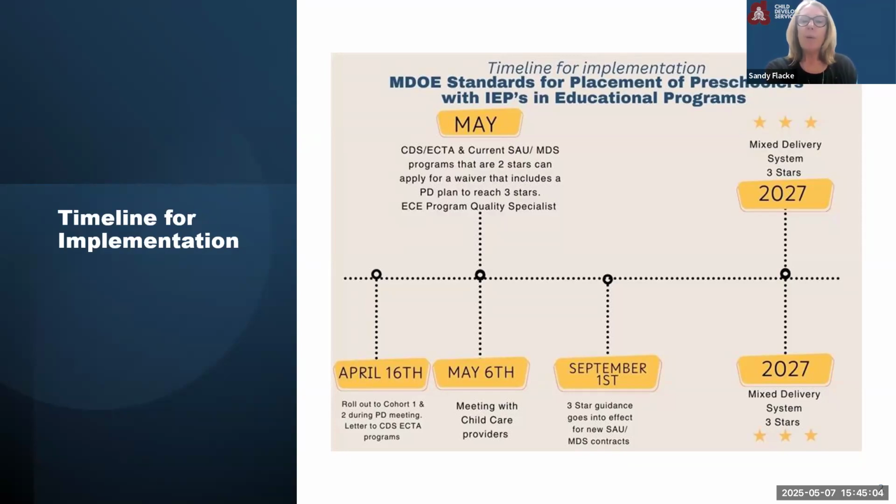The programs can apply for a waiver to continue to work with the SAUs or CDS. And then they have 2 years to work with their Maine Roads to Quality and early childcare licensing support team to get to that 3-star rating, with the goal to have all of our programs that are working with CDS and the SAUs by 2027.